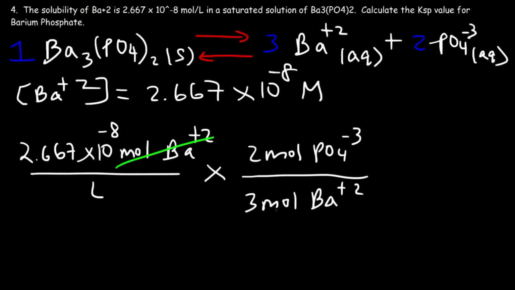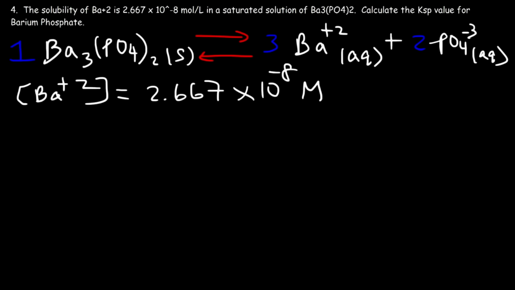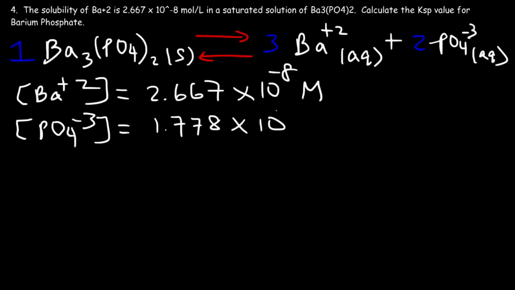So we could cancel these 2 units. So it's going to be 2.667 times 10 to the minus 8 multiplied by 2 divided by 3. And so the phosphate ion concentration in this problem is 1.778 times 10 raised to the negative 8.